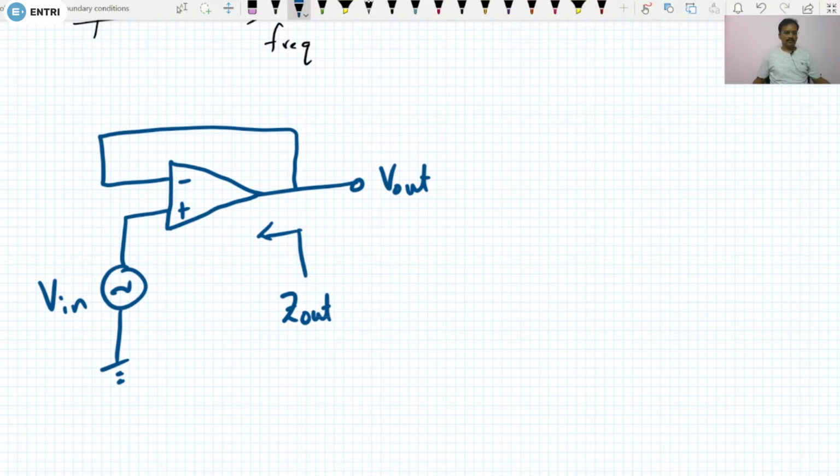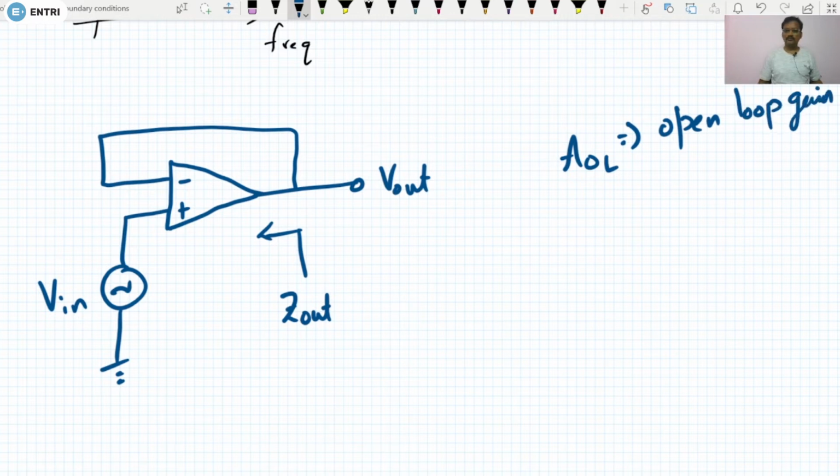Now see here, without feedback the gain of the op amp I am representing as AOL. This is the open loop gain. With the feedback, what gain are you going to get? The gain is nothing but AOL by 1 plus A beta.